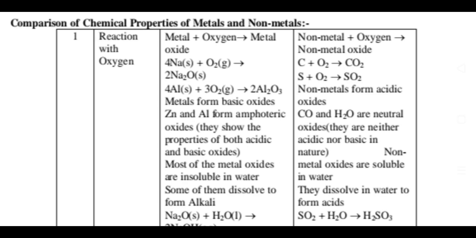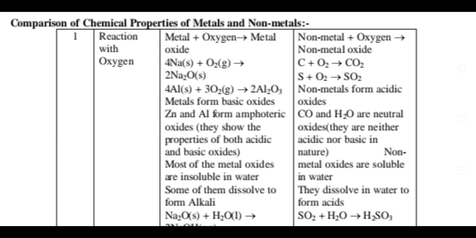For example, carbon reacts with oxygen to produce carbon dioxide. Sulfur plus oxygen, that is, a non-metal reacting with oxygen to form a non-metal oxide, gives sulfur dioxide. So non-metals form acidic oxides.